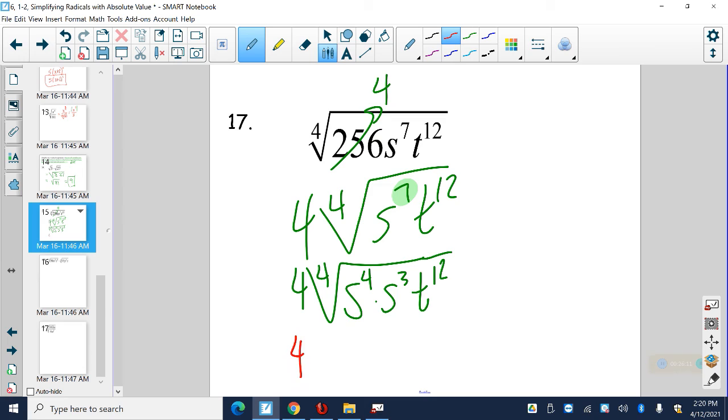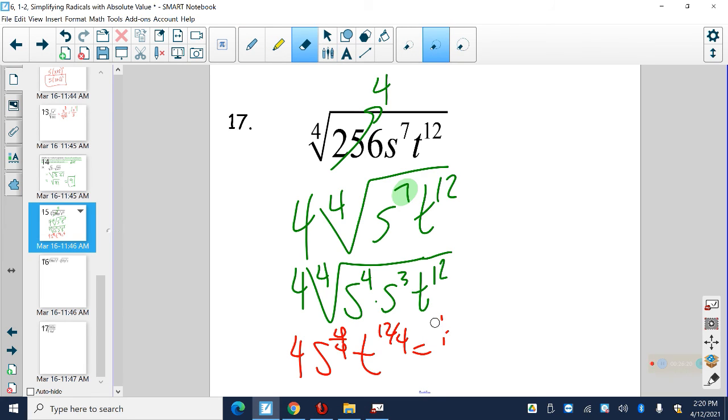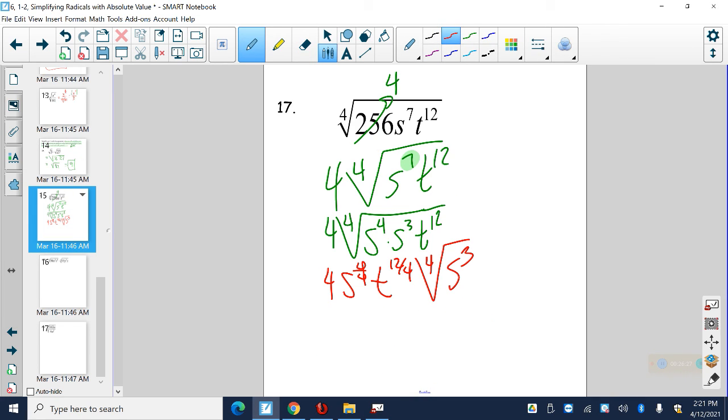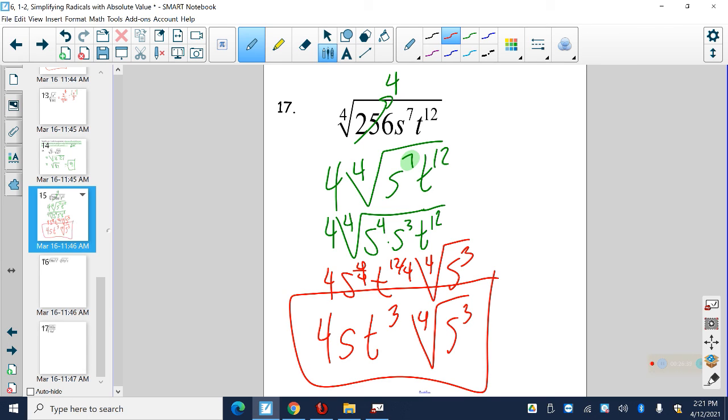So that's going to be s to the 4 over 4, and then 12 over 4 is equal to the 4th root of s cubed. 4 divided by 4 is 1. 12 divided by 4 is 3. And you do not need absolute value bars because it said to assume that everything was positive, yes?